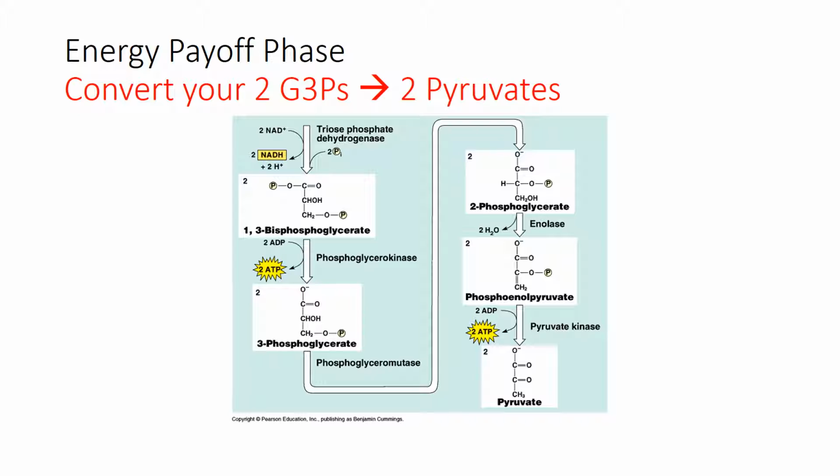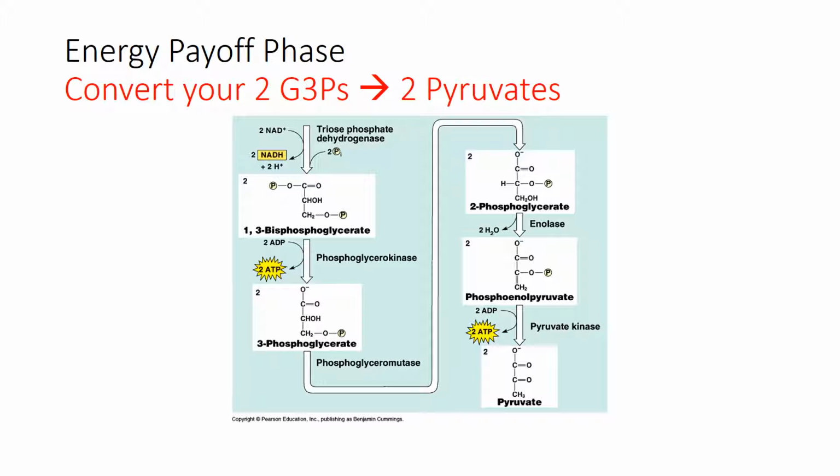That's that PEP molecule we saw in the other slide looking at substrate level phosphorylation. And pyruvate kinase, the enzyme kinase once again, is going to come in and pull that phosphate off, and it's going to produce 2 molecules of pyruvate and 2 more molecules of ATP.